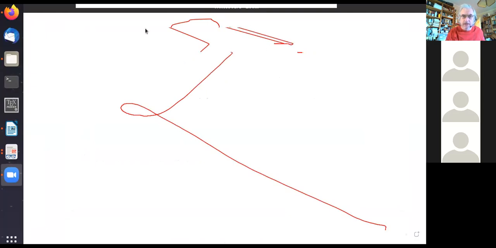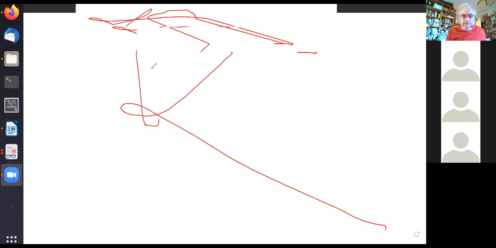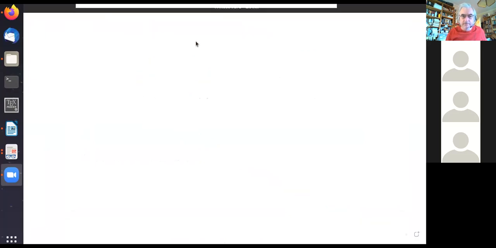Nej, det gick inte. We'll see. Whiteboard, yes. So, if you have a vector A, you can't divide it by a vector B. That is not a defined operation.